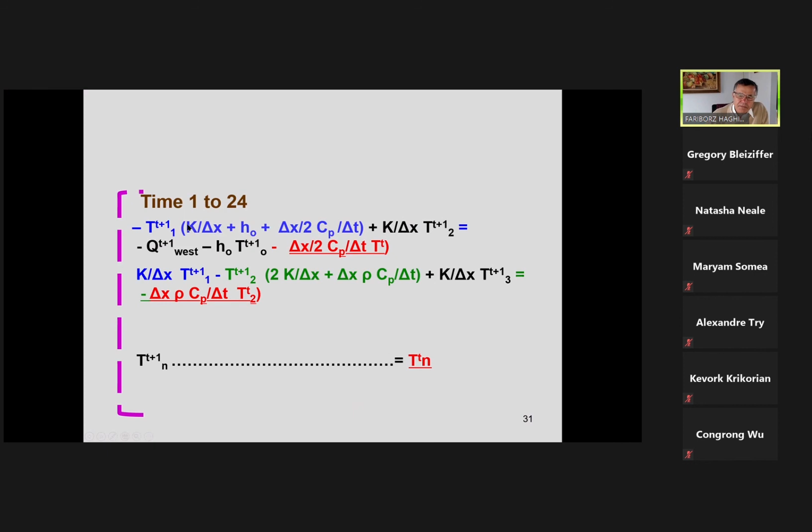For every time when you finish at every hour, for example, when you start at 2 o'clock, you come down here, you put all those temperatures at 2 o'clock. I'm sorry, T plus 1, this has to go the other way. You have to put T plus 1 here. Okay, I made a mistake.